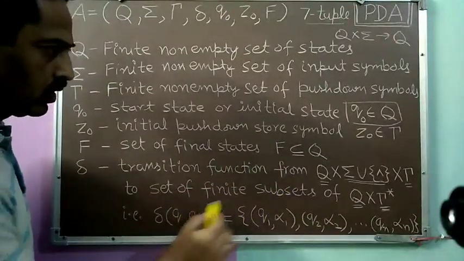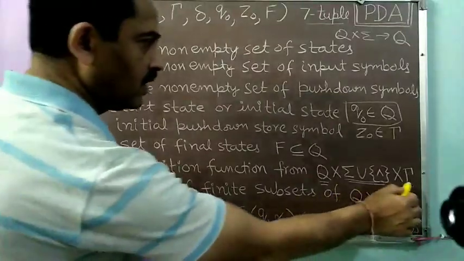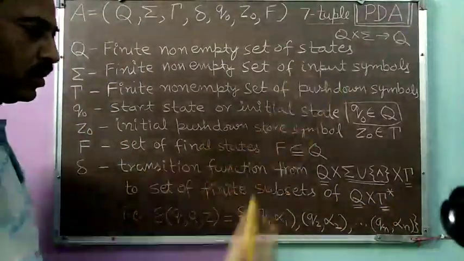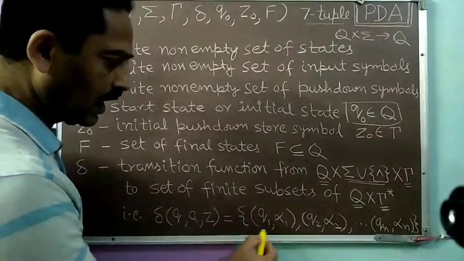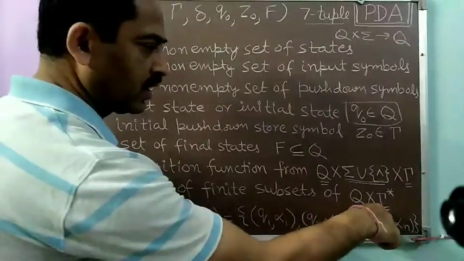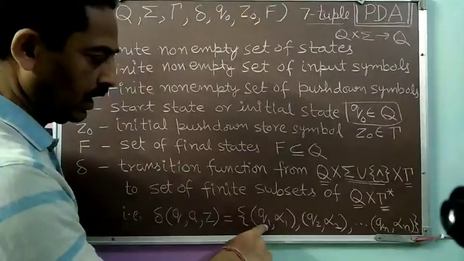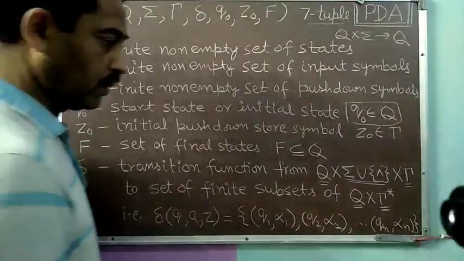In Q, A, Z, Q is a state, A is an input symbol, and Z is a push down store symbol, which is the topmost push down store symbol. Depending on these three things, we will take any one of these actions, because the output is a new state and the symbol to be written. And it is a set of the finite subsets of Q cross sigma rho star.